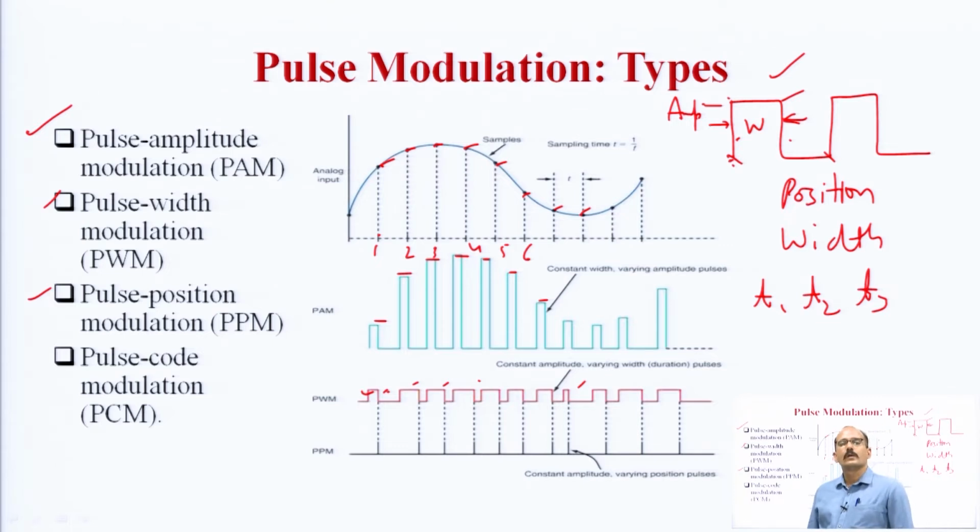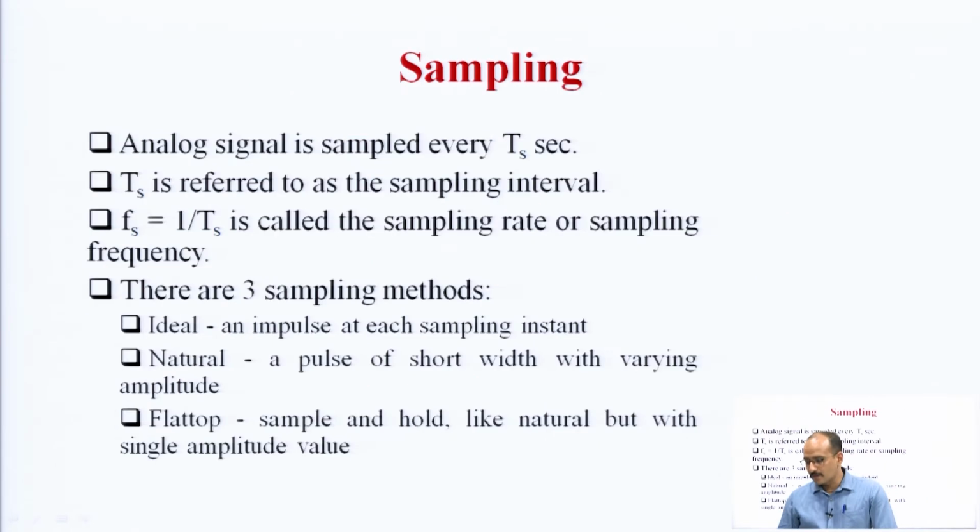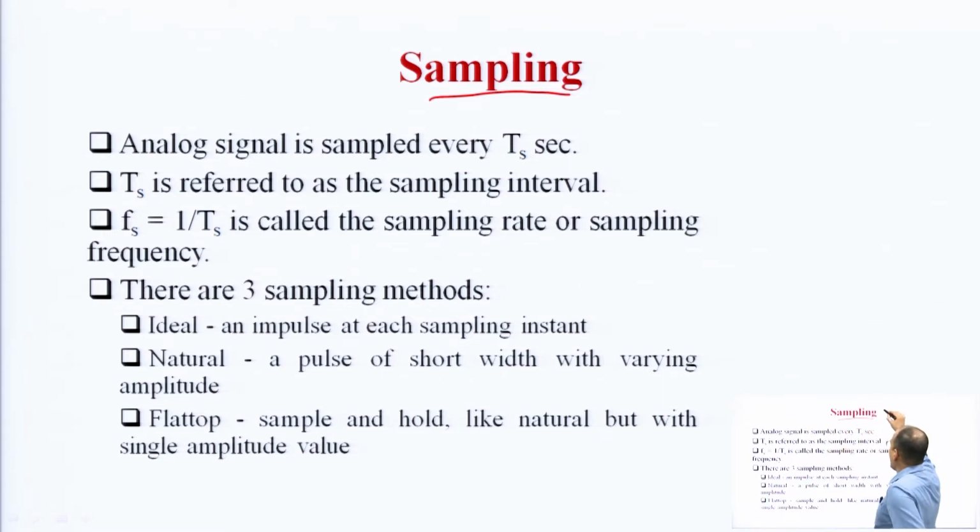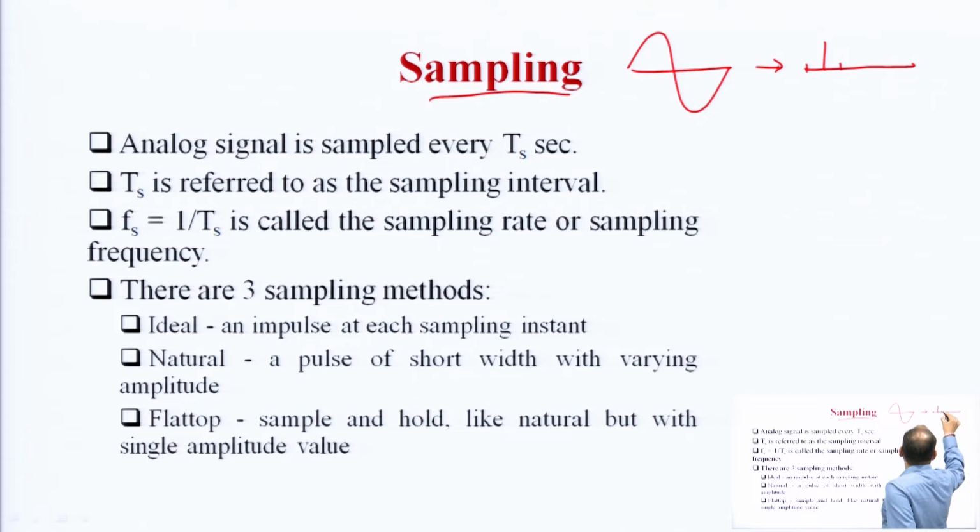To understand this more, we move to the sampling part, because sampling is somewhat equivalent to pulse amplitude modulation. In simple words, whenever we convert a continuous signal into a discrete one, this is called sampling.